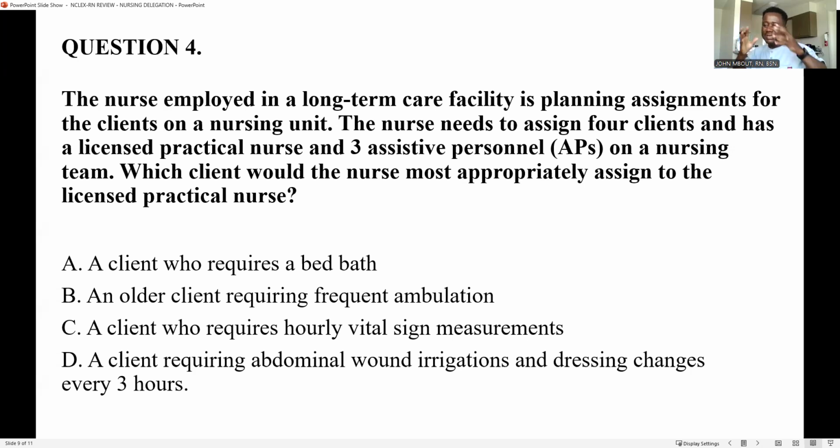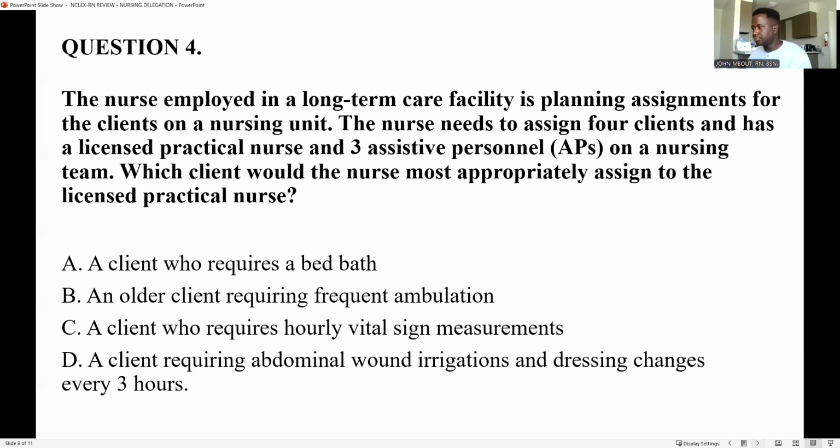So you have to be careful when choosing your option. You will say, oh no, this one is for the UAP, but there is no UAP in the body of the question. So go to the least option and the LPN should take care of that. And the registered nurse will take care of any other higher tasks. Be careful.